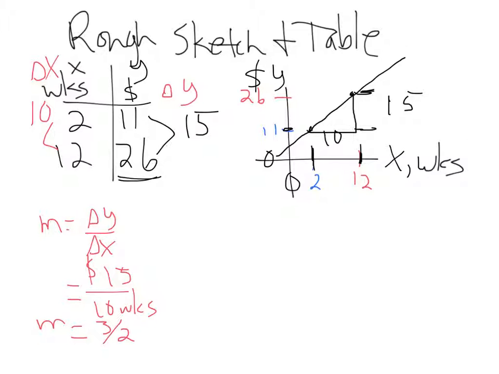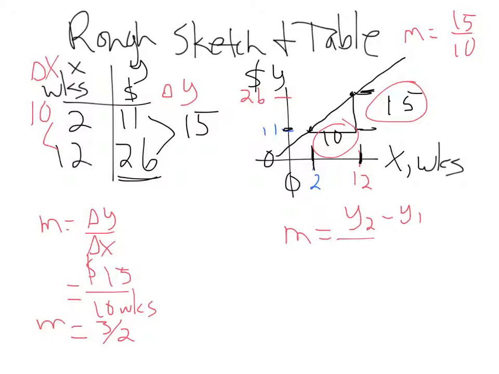If I did it on the graph, it would be rise over run. So m would equal 15 over 10, which is going to give you 3 over 2 as well. The last equation that we use is y2 minus y1 over x2 minus x1. So that's where you look over here in the table, and there's your y2, and there's your first y.